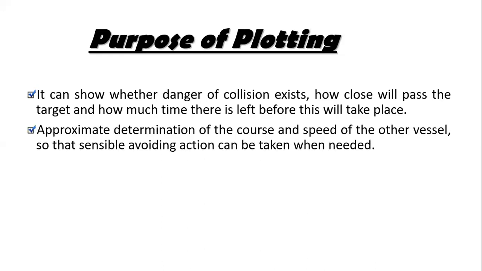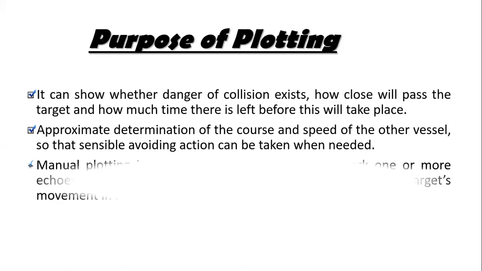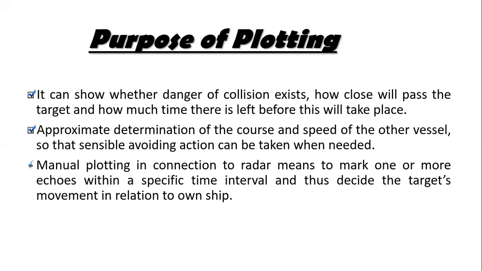Approximate determination of the course and speed of the other vessel, so that sensible avoiding action can be taken when needed. And also, manual plotting in connection to radar means to mark one or more echoes within a specific time interval and thus decide the target's movement in relation to own ship.